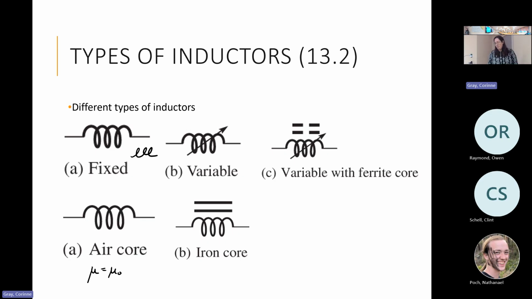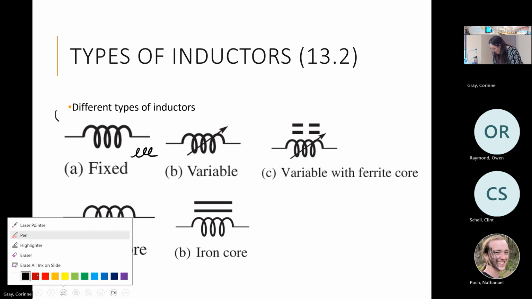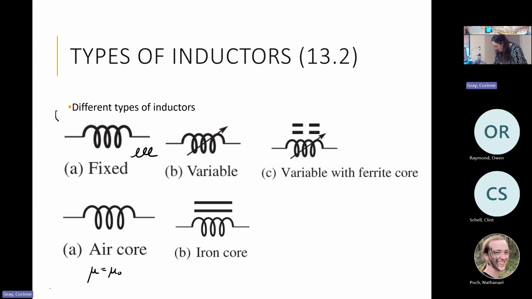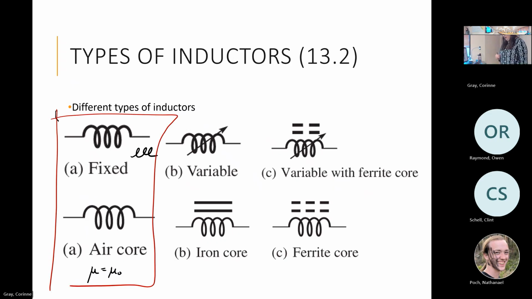If we're being 100% honest, I only care about two of these. And that's going to be these two. I don't care about all the other fun symbols. And in reality, these are the same to me. So just draw a squiggly.